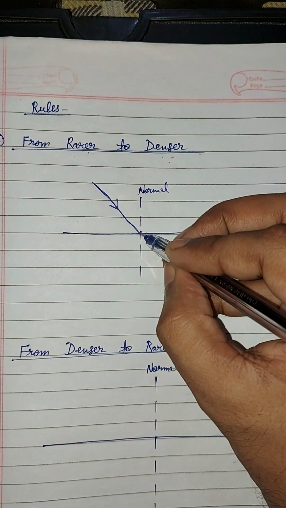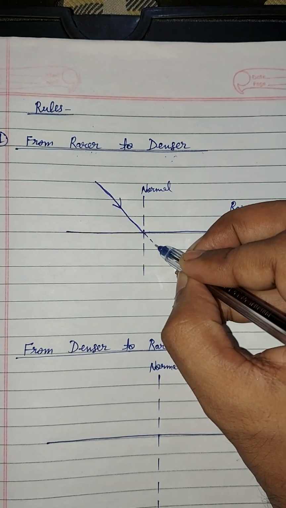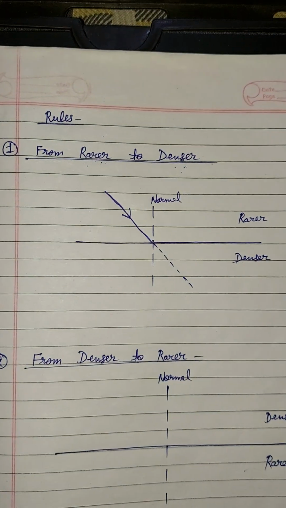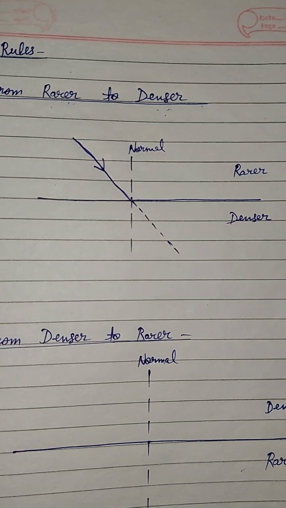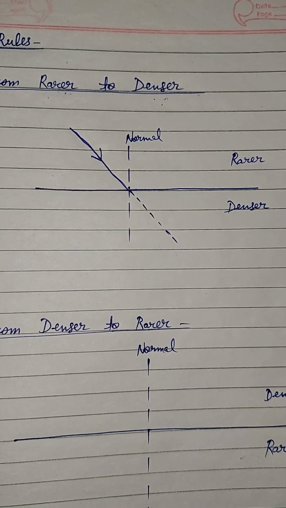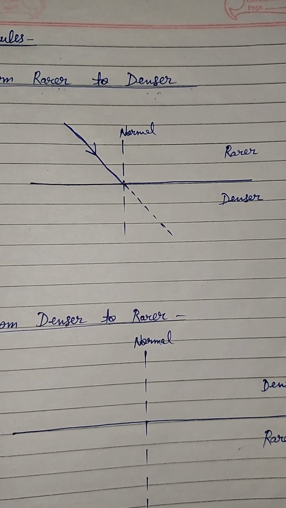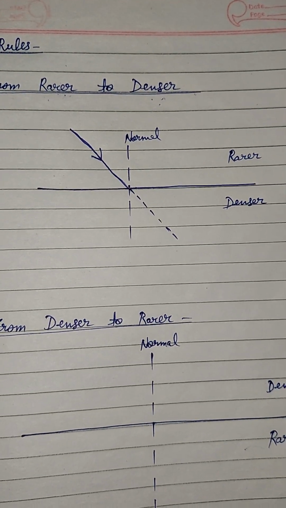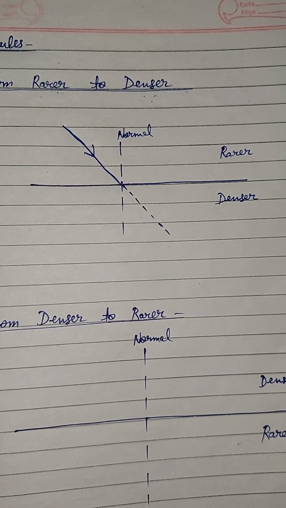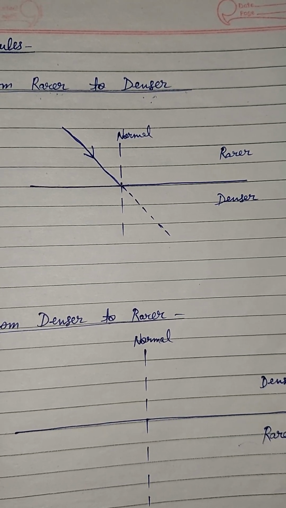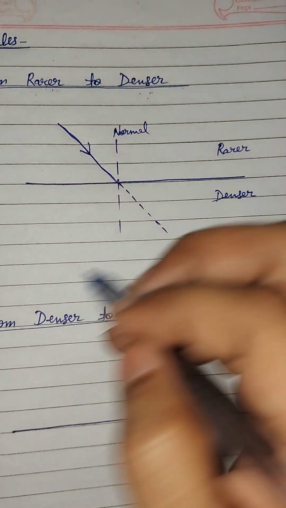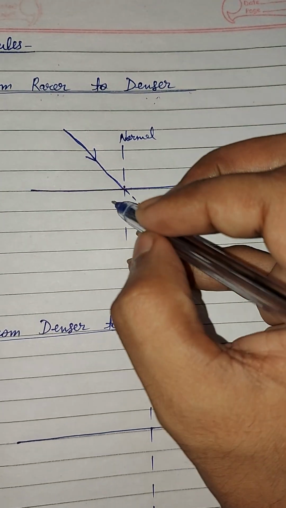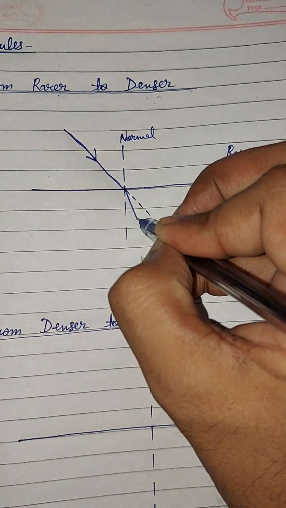If there were no refraction of light, this ray would move like this. But since it is moving from a rarer medium to a denser medium and there will be a change in the speed of light, refraction will take place. And that refraction will bend this light toward the normal.